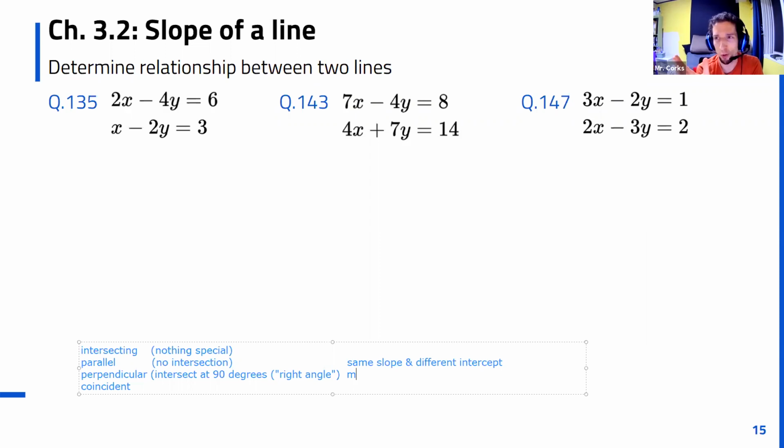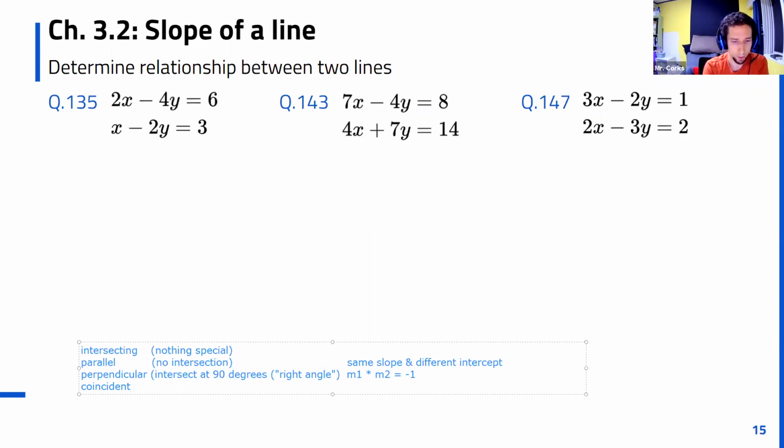It's good to know the word, but we also want to be able to talk about it in plain language too, because that's easier to think about. M1 equals negative 1 over M2. So whatever slope number 1 is of 2 lines, if we multiply it by the other slope, the result will be -1. I'll show it a little more cleanly in a moment, since it's hard to type fractions here.